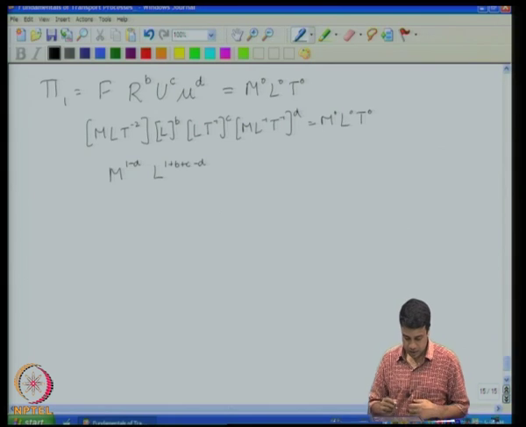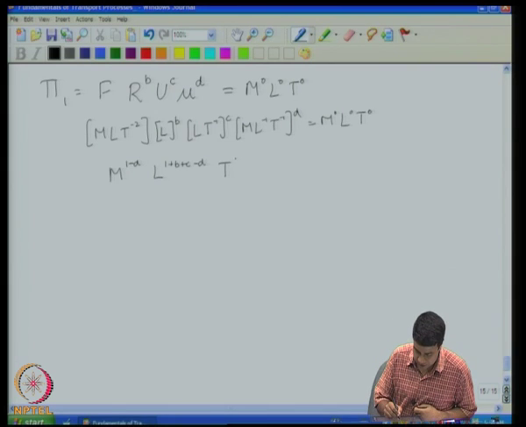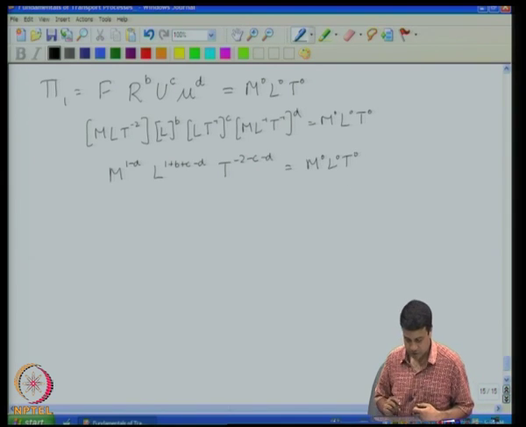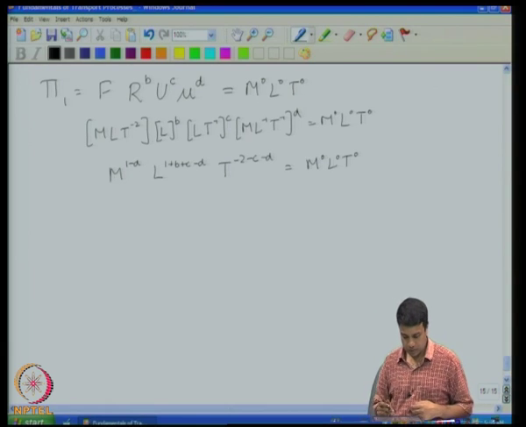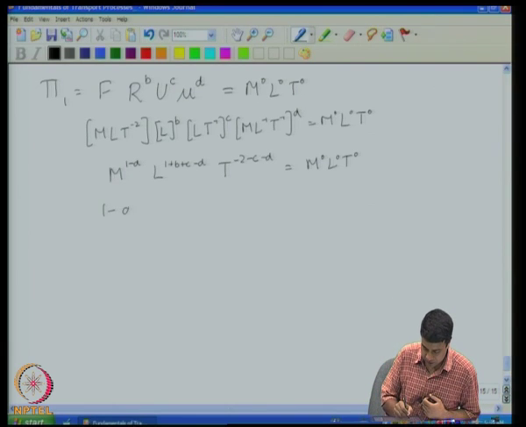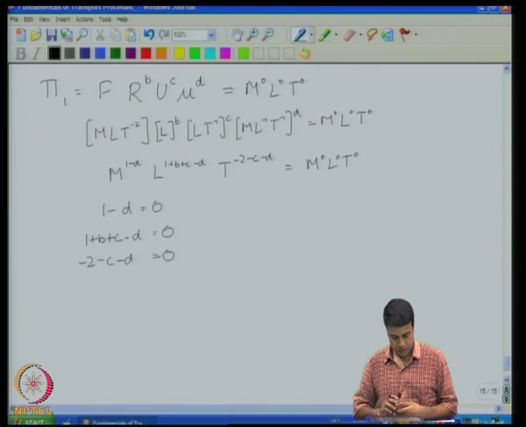And the dimension of time is t power minus 2 minus c minus d, equal to m power 0, L power 0, t power 0. From this I get 1 minus d is equal to 0, 1 plus b plus c minus d is equal to 0, and minus 2 minus c minus d is equal to 0.